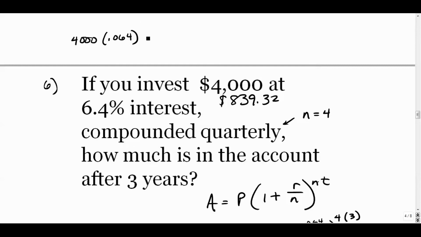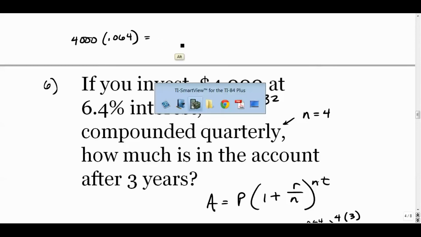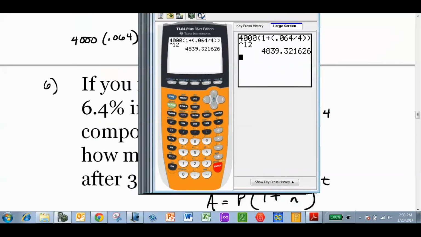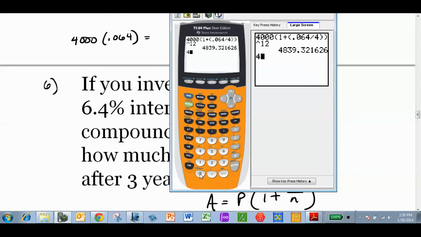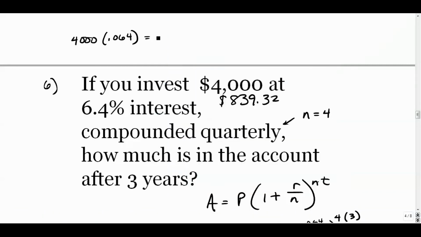And that amount is going to give us the interest after the first time that it's compounded. So let's figure this out quickly. So 4,000 times 0.064. So the first time it compounds, it makes $256.